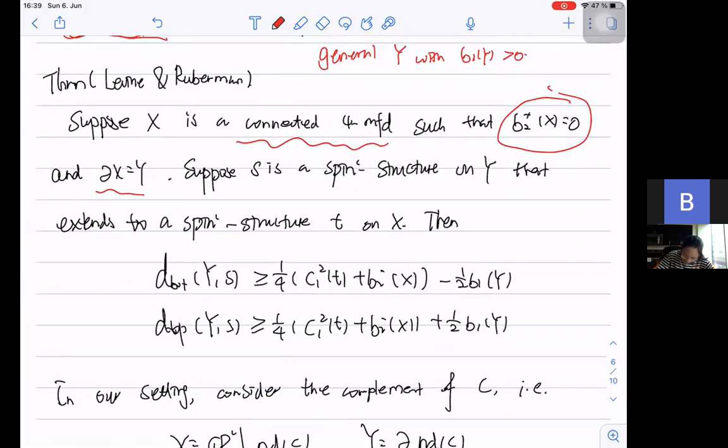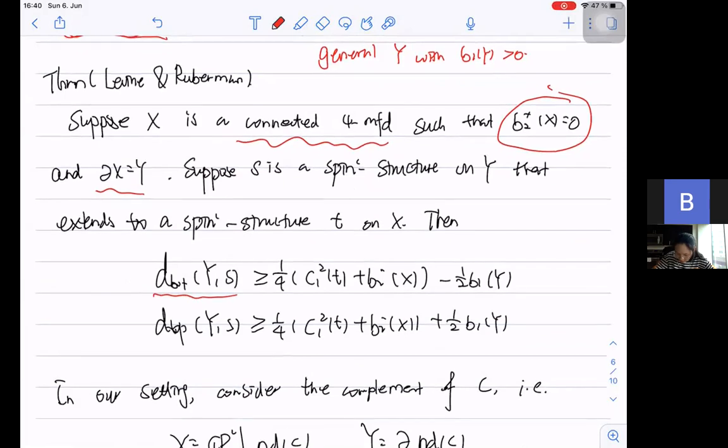The d-bottom of the boundary Y at the spin^c structure s is greater than or equal to 1/4 of c_1(t)^2, the first Chern class corresponding to the spin^c structure t of the four-manifold X, plus b_2^-(X), the second Betti number of our four-manifold X, minus 1/2 of b_1(Y).